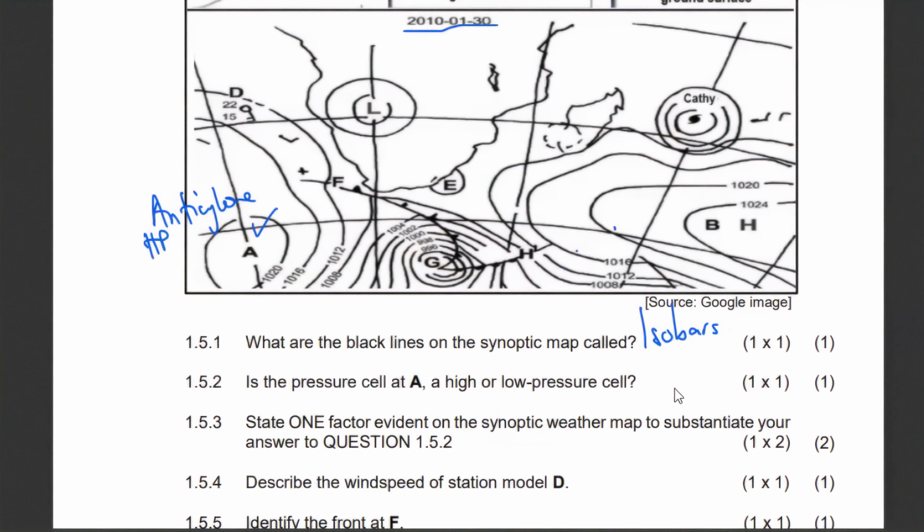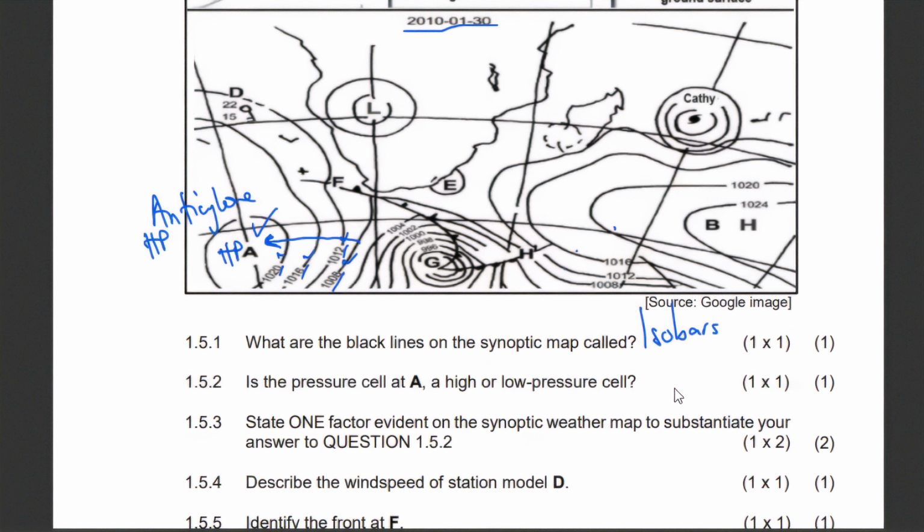But let's use the geographical information on the map to suggest whether it's a high pressure cell or a low pressure cell. We check the isobar values. It's 1008, 1012, and 16 and 20. So if we see our values are increasing going towards the center of the cell, which is A, it implies that the pressure is high here at A because the values are increasing going towards the center of the cell.